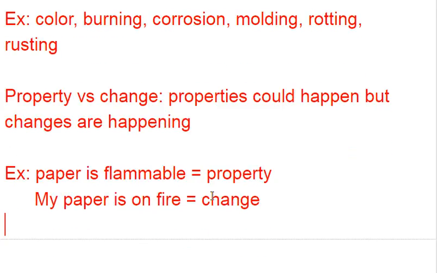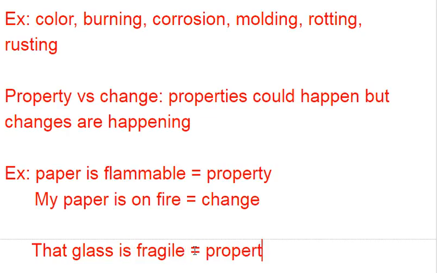As far as physical, an example would be if I say that glass is fragile. Fragile just means it could break, right? Not if, is. That's the property.